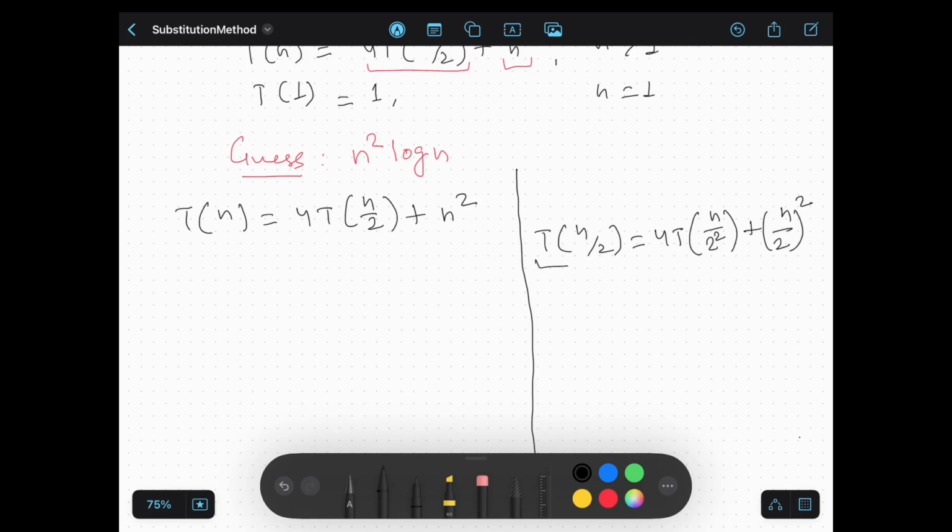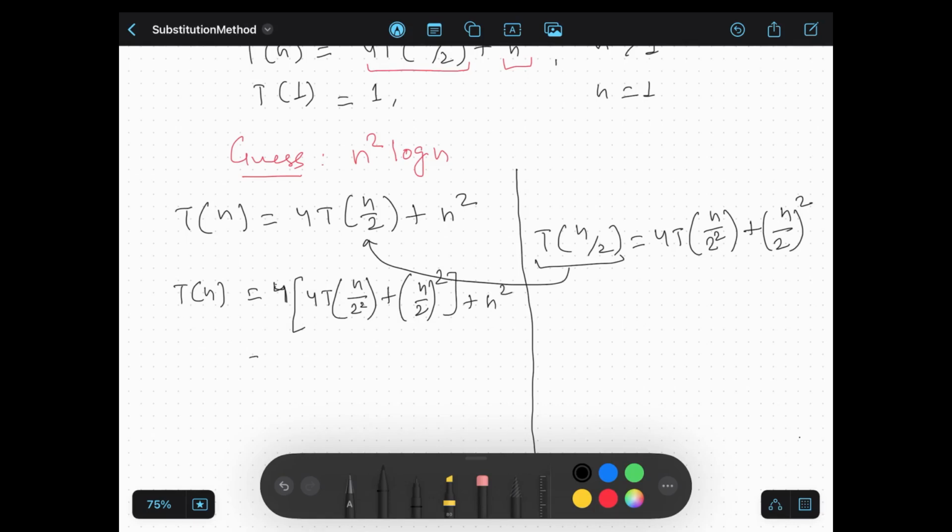Now we substitute this for this T of n upon 2, and we get 4 times 4T of n upon 2 square plus n upon 2 square, plus n square.